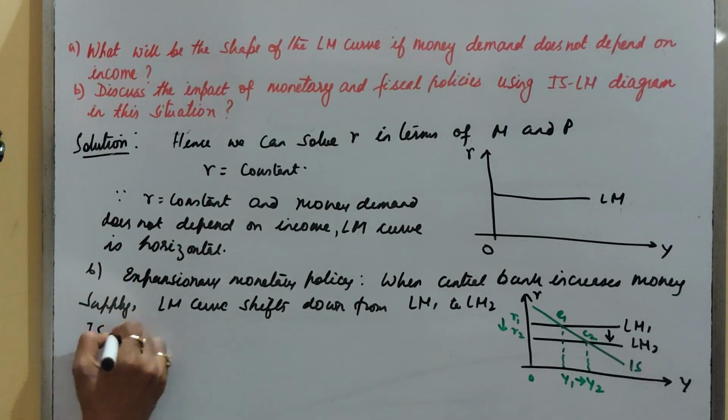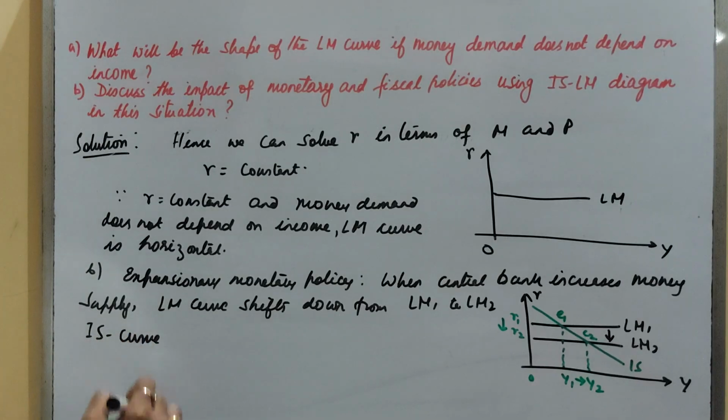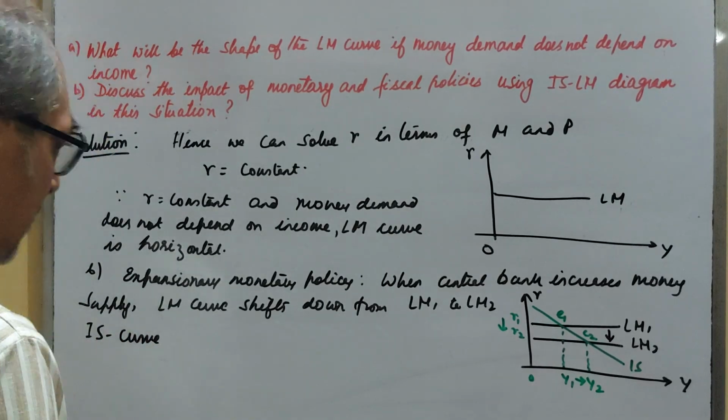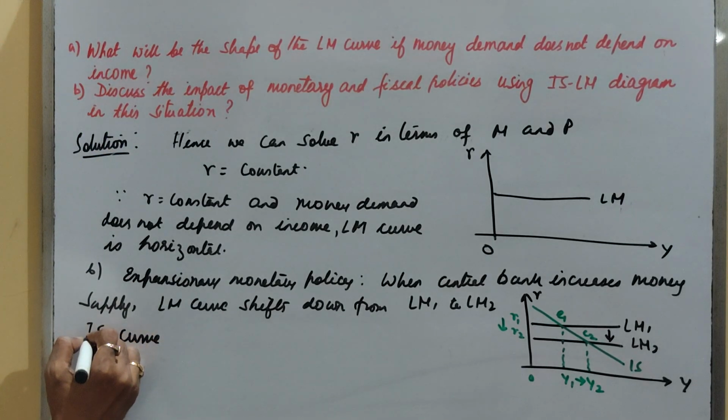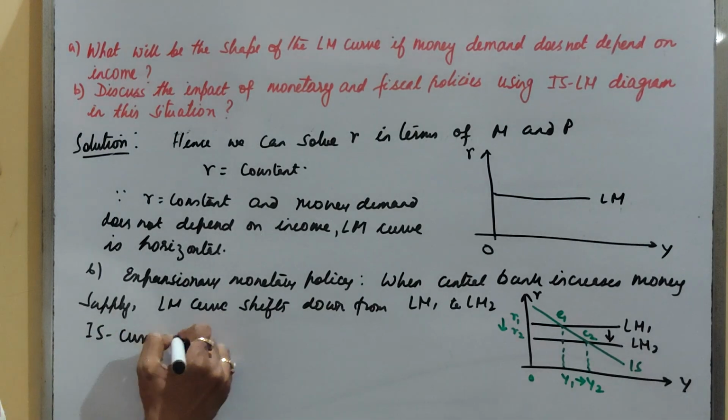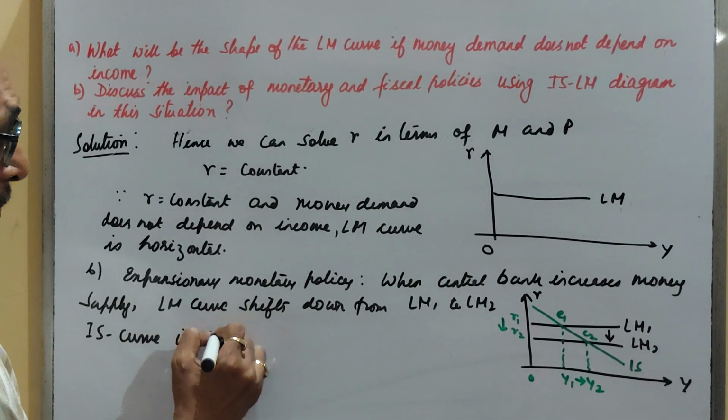The IS curve shows the goods market equilibrium condition. I stands for investment, S stands for saving. The IS curve is downward sloping.